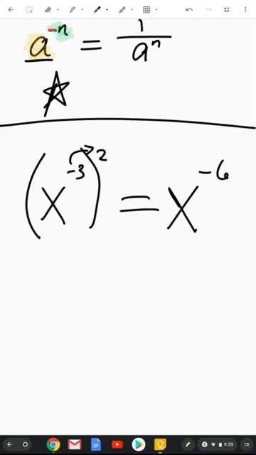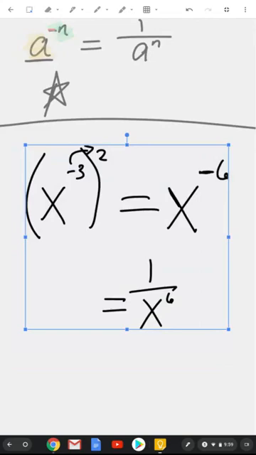I can't keep a negative exponent in my answers anymore because I am an 8th grader who knows what to do with negative exponents. That negative exponent tells me to find the reciprocal of the base, which is 1 over x. And then I need to multiply that reciprocal times itself 6 times. Instead of writing it out a million times, I'm just going to plop the exponent in the denominator there with that original base.